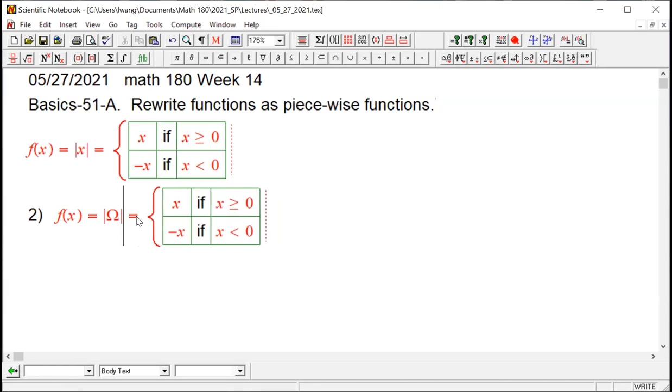In simple terms, if omega is greater than or equal to 0, or if omega is less than 0. Do you guys see that?